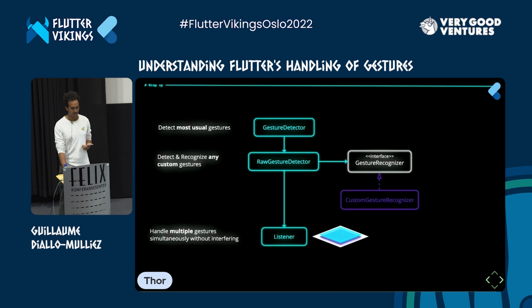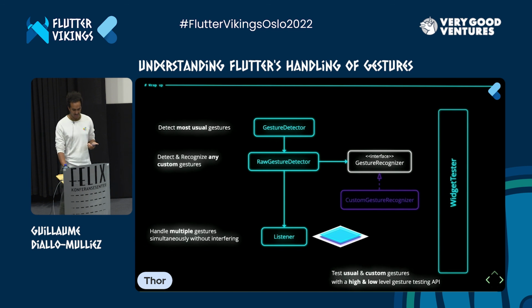And if you need to go even deeper and handle a gesture by multiple recognizers that are overlapping on your screen, and things are getting confused with the arena because you're not sure who will get the gesture handling, then you can use the listener, which is the lowest level API for this, and basically you would be able to handle your gesture without interfering with what's behind, as we've seen.